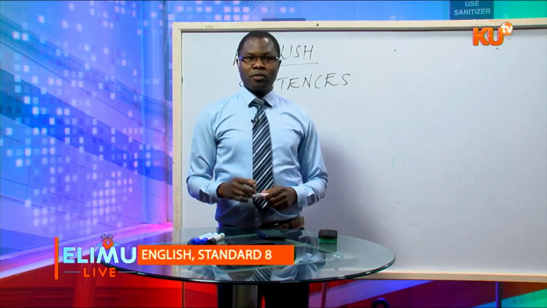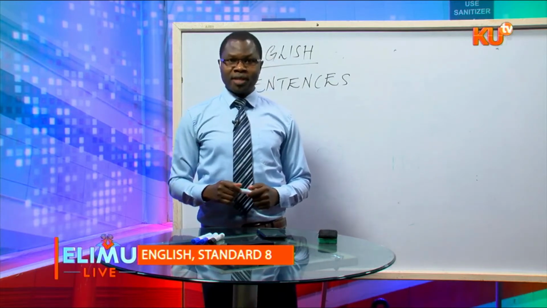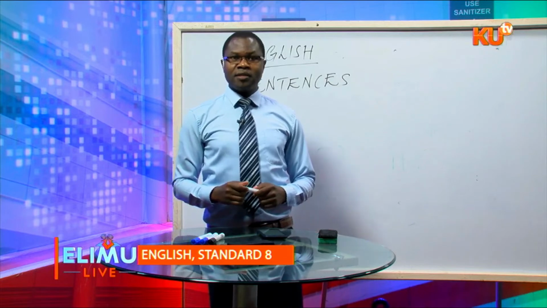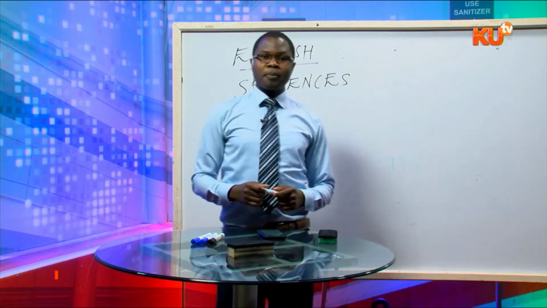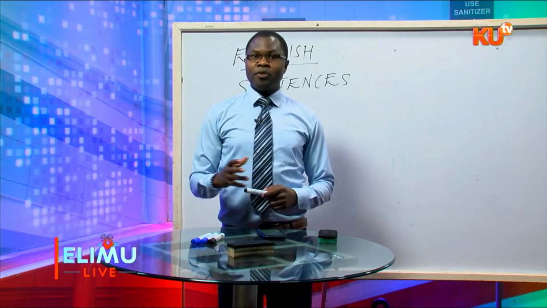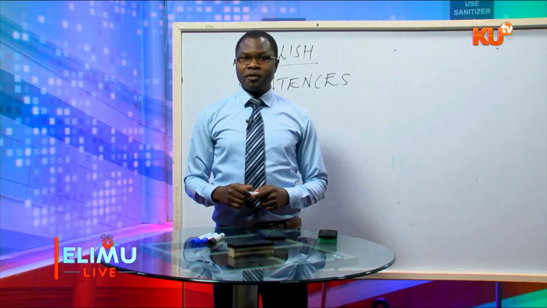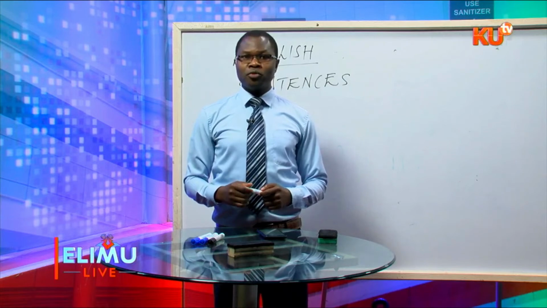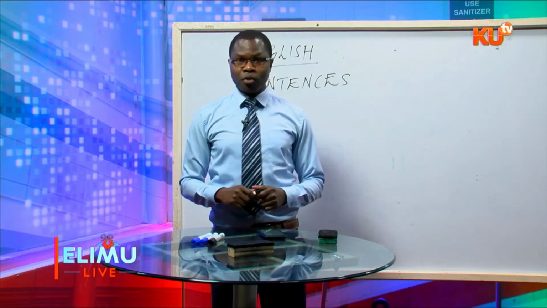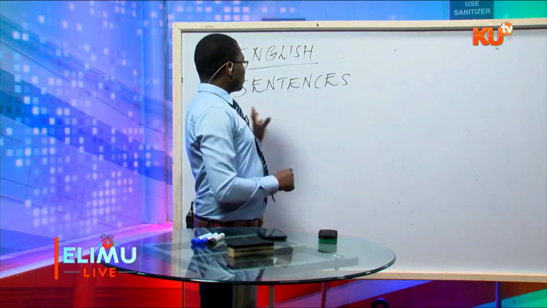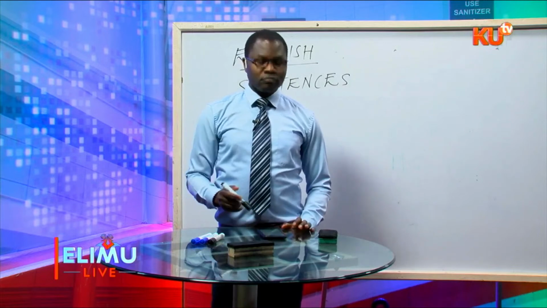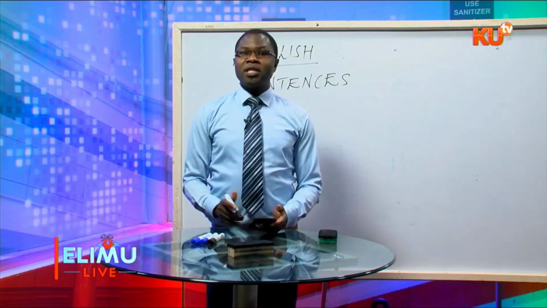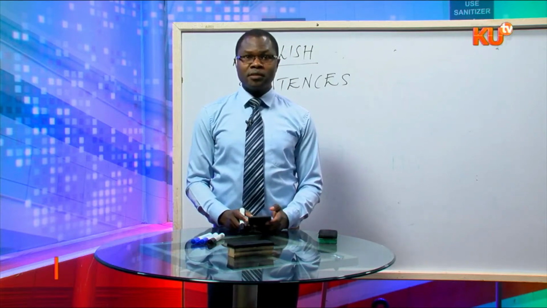Then when you put clauses together, you come up with sentences. Sentences, as many as you use them, make paragraphs. And many paragraphs put together make what we call a story. So today I want us to look at sentences, and to begin with, we will be defining what a sentence is.